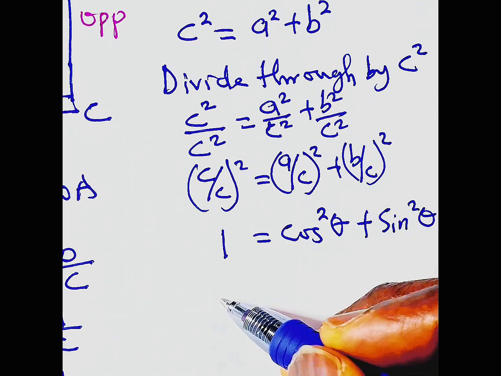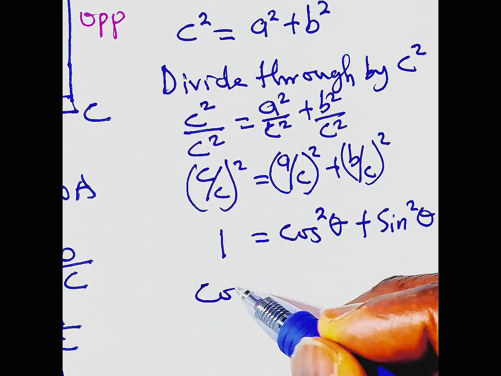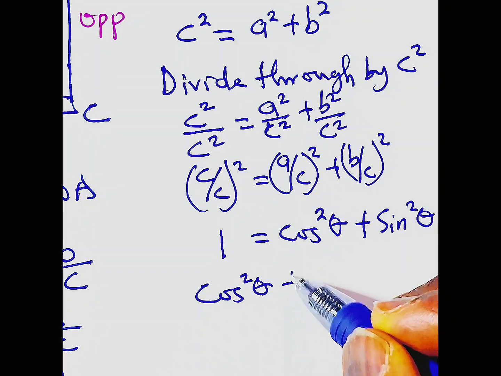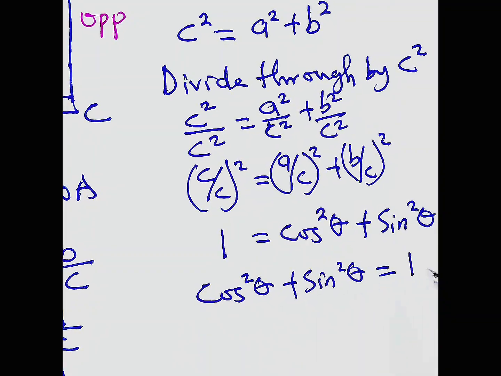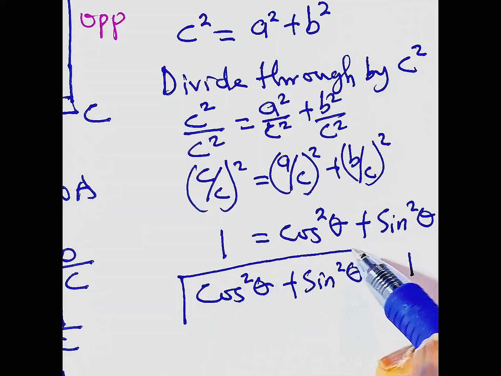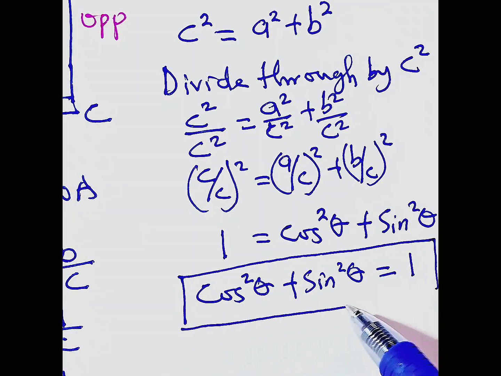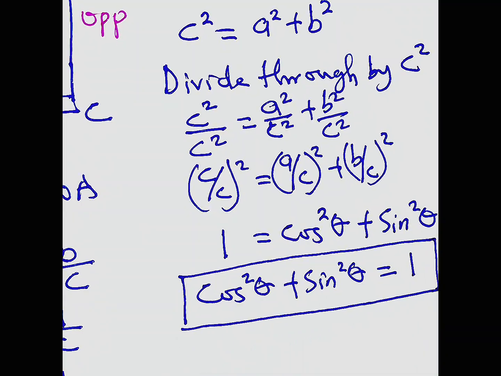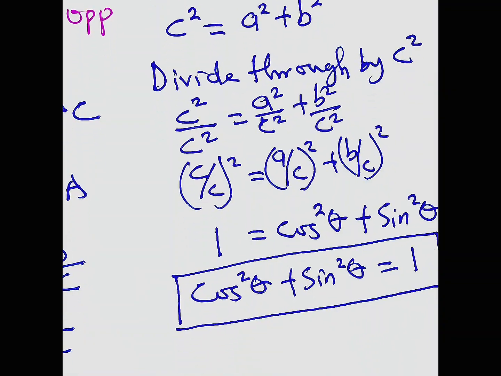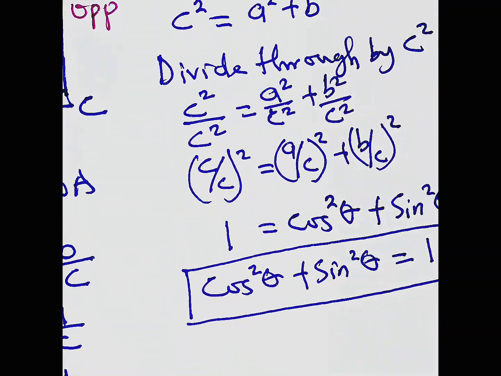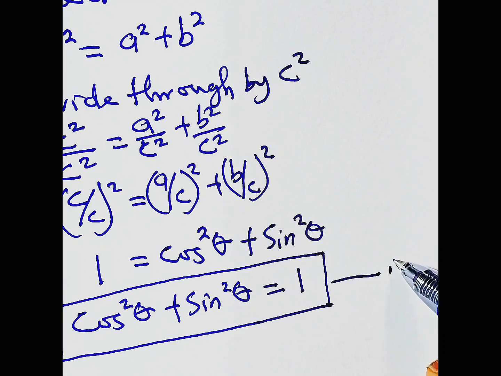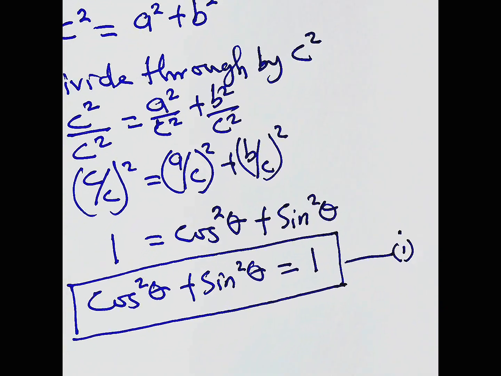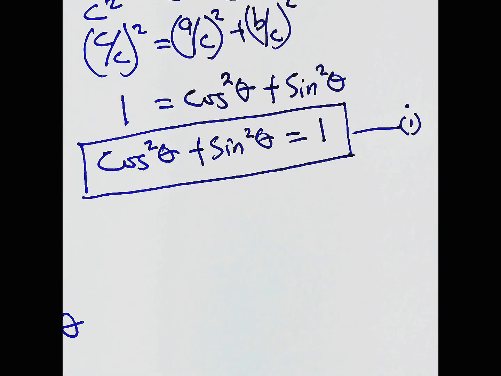That means that cos squared theta plus sine squared theta equals 1. This is the first identity, and I'm going to call this equation 1.